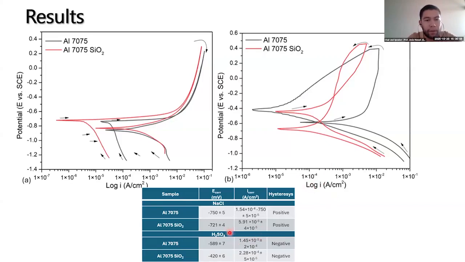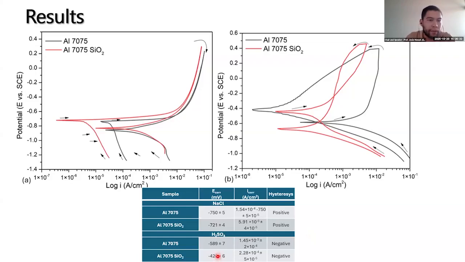Also, something important is that the hysteresis in sodium chloride is positive, indicating that we have a localized corrosion system, and in sulfuric acid it is negative, indicating that we have a uniform corrosion system. So we have two different types of corrosion.